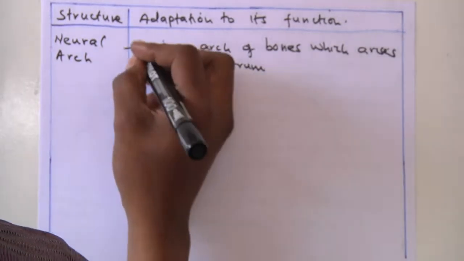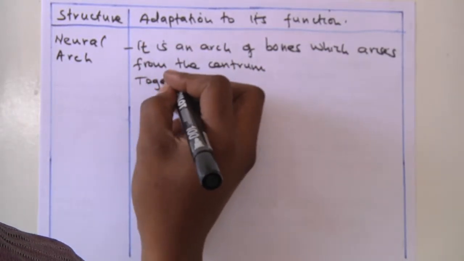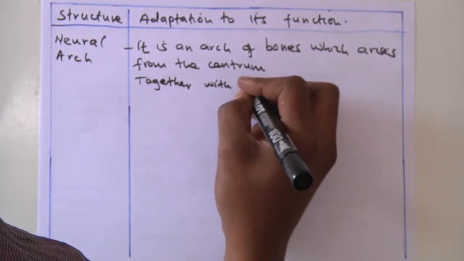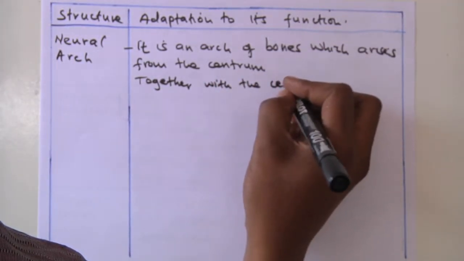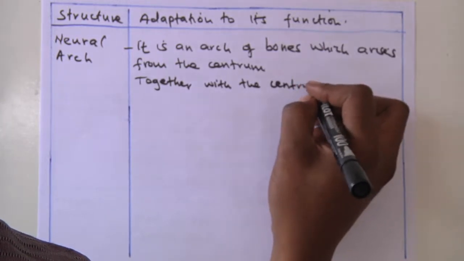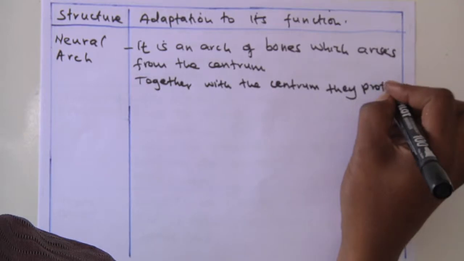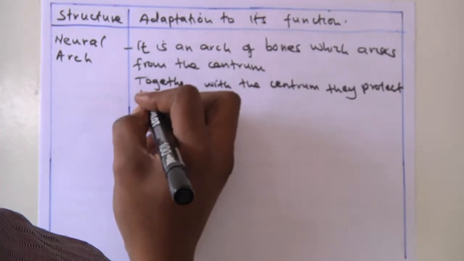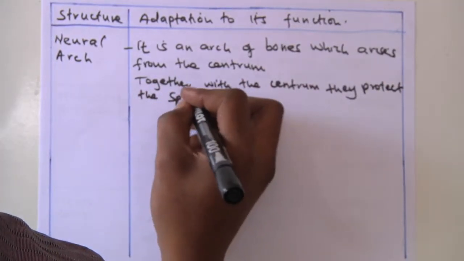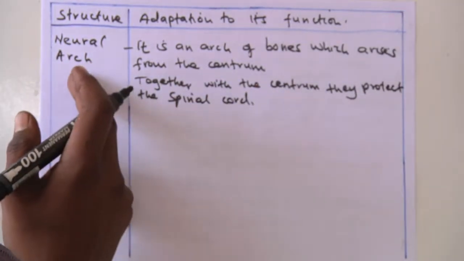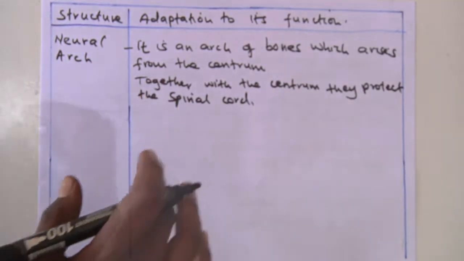So together with the centrum, they protect the spinal cord. So that is the function of the neural arc.